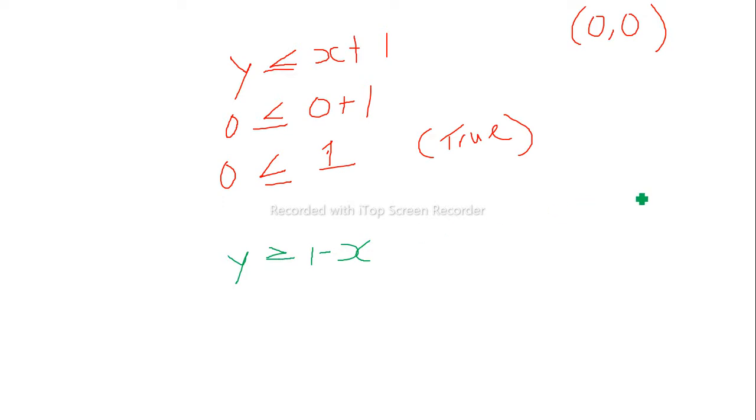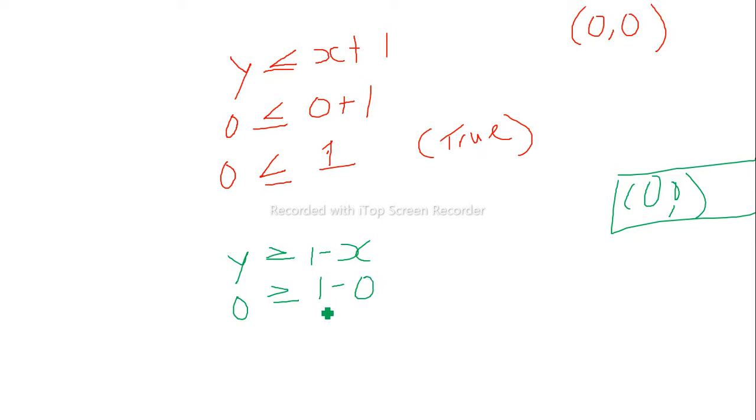So remember the test point. The test point is 0, 0. So that means that x is 0 and y is 0. So y is greater than or equal to 1 minus 0. 1 minus 0 is 1, so 0 is greater than or equal to 1.